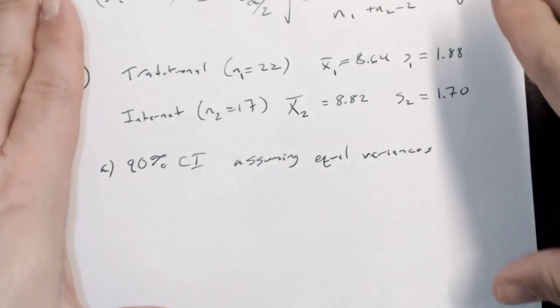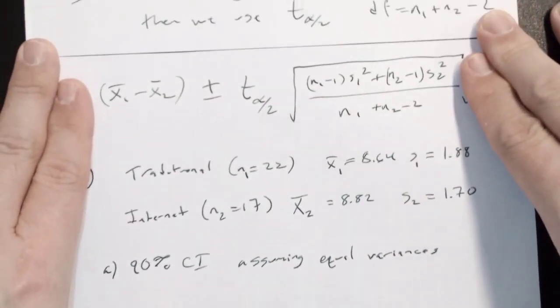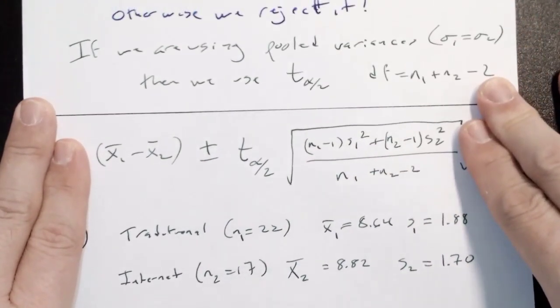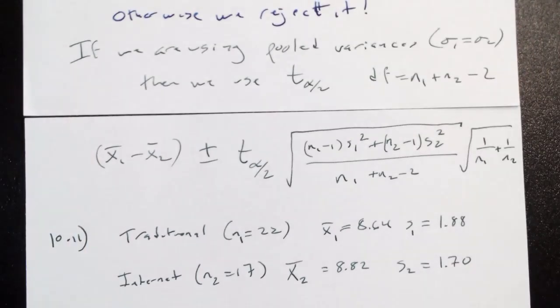Okay, wait a second. There was a big if at the start of this. If we are using pooled variances. And I can only do that when I assume my variances are equal.